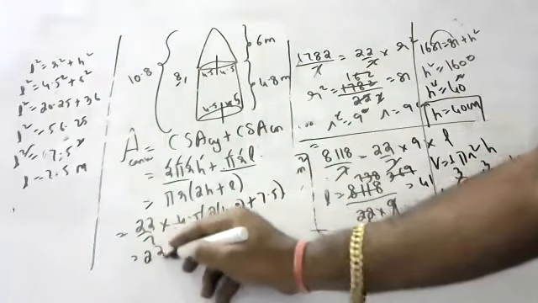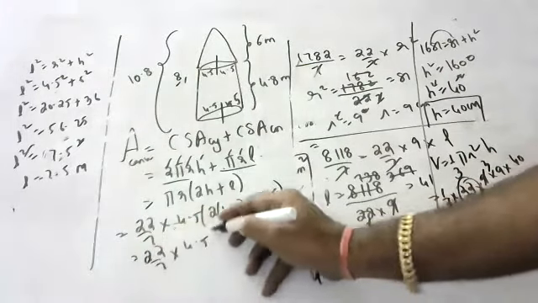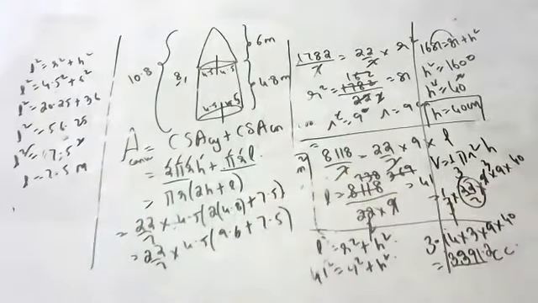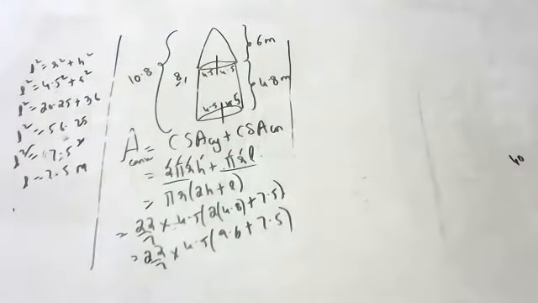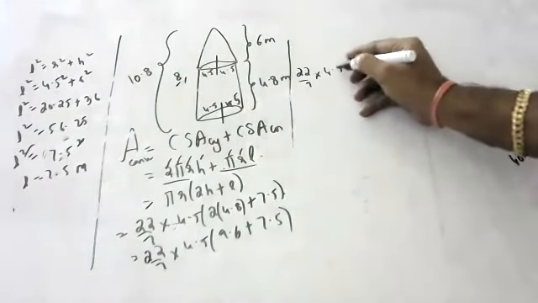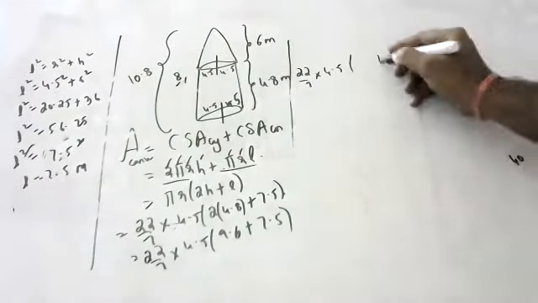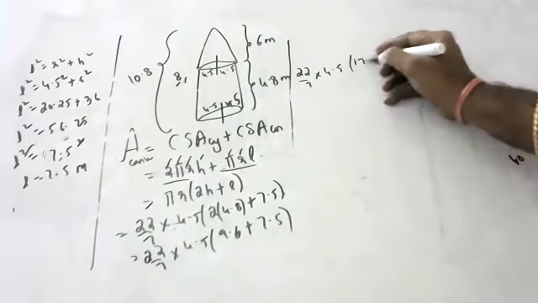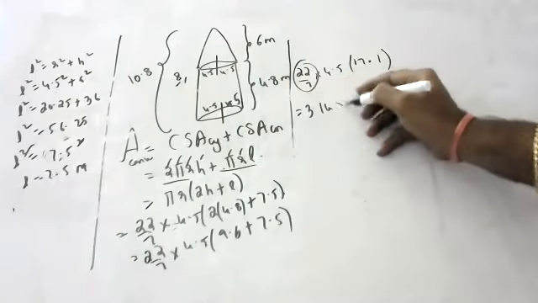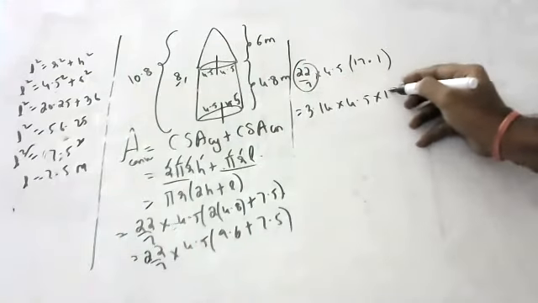So 22 by 7 into 4.5 into 9.6 plus 7.5. And even help me, children. So 22 by 7 into 4.5 into 17.1. This is 3.14 into 4.5 into 17.1.